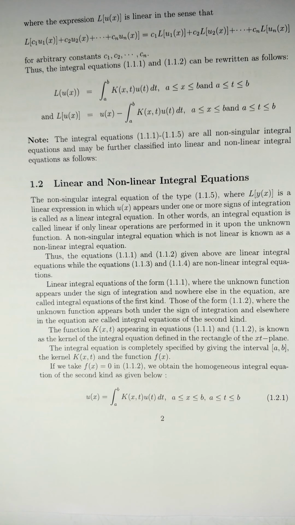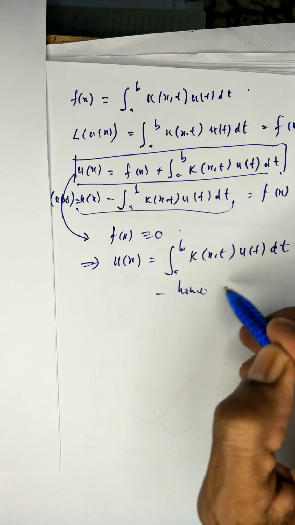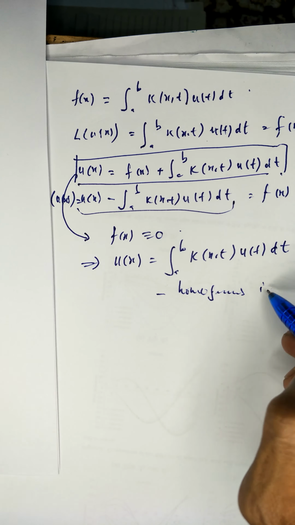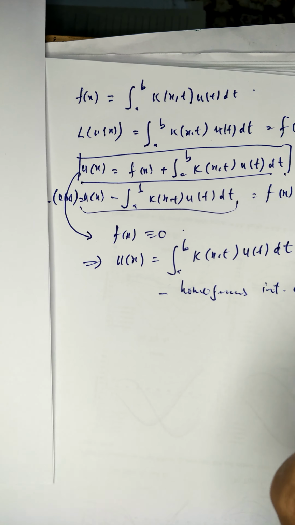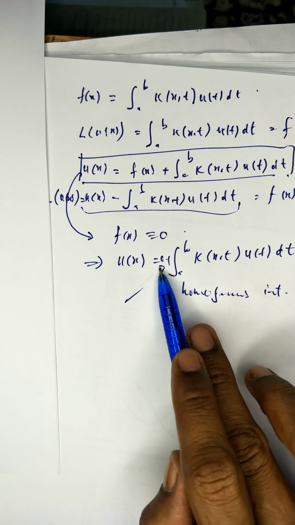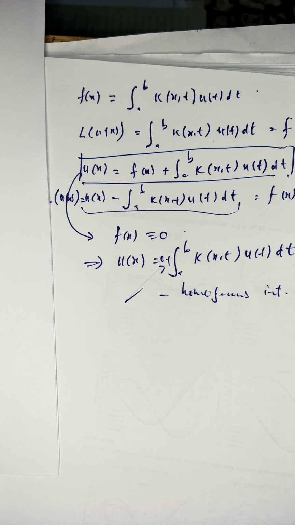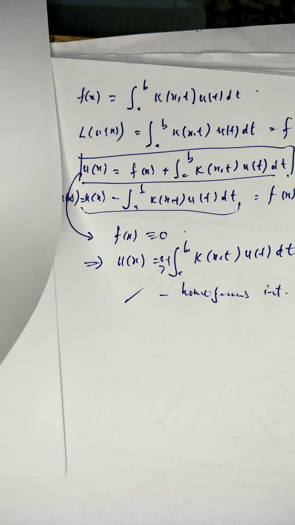This we call a homogeneous integral equation. So the difference is that for f here we have 0.